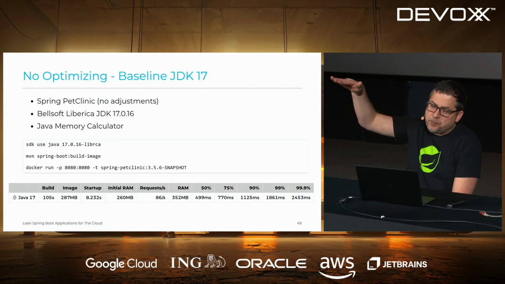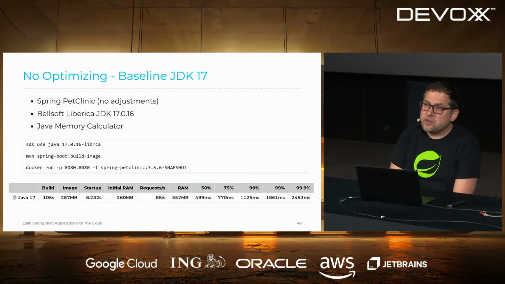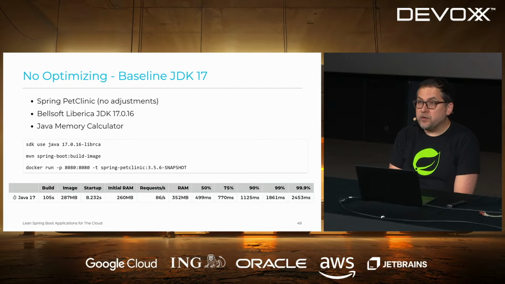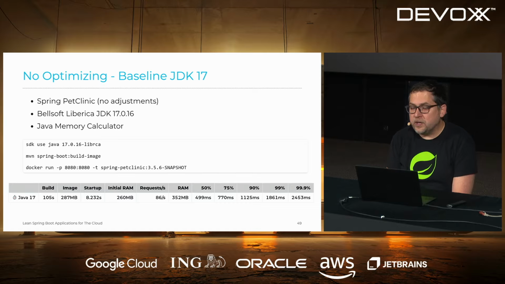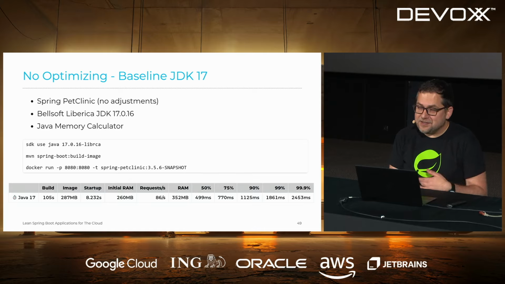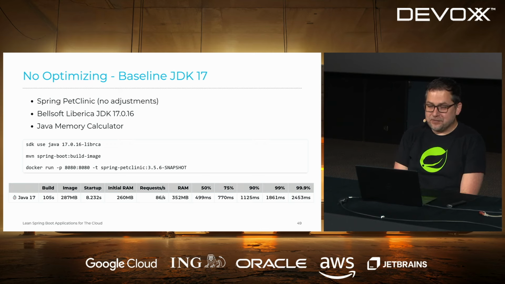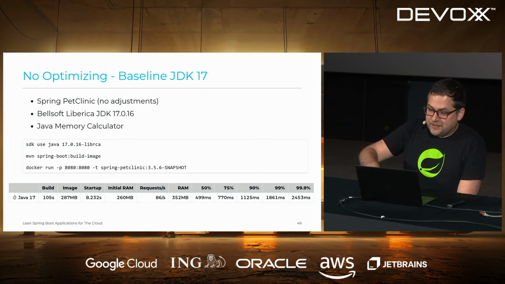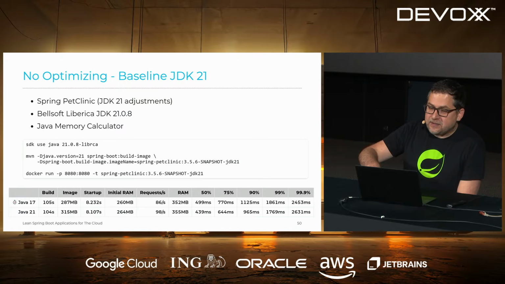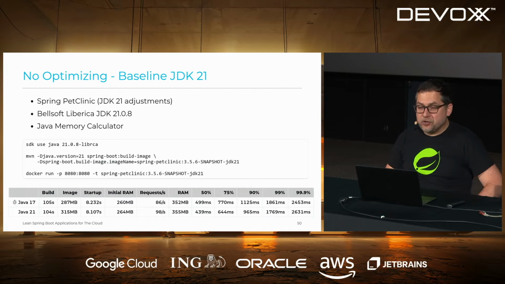And then we see the percentiles for the throughput, or basically the latency percentiles. What you can see is that 99.9% of all the requests get through in 2.5 seconds. That means including the peaks, right? So the 99.9 is probably not the regular case, but it's definitely the worst-case scenario. Good. So let's have a look at some other Java version which is out there.